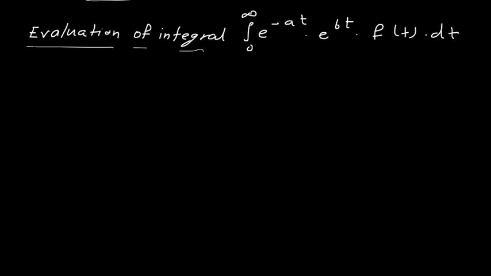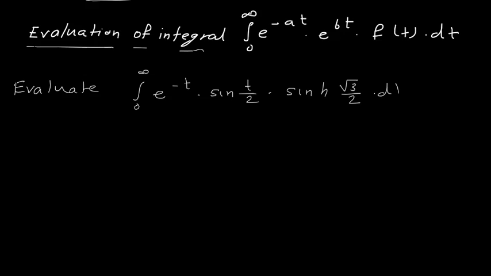Now let us see the first example that we will discuss. Evaluate 0 to infinity e power minus t into sin t by 2 into sinh root 3 by 2 t dt.